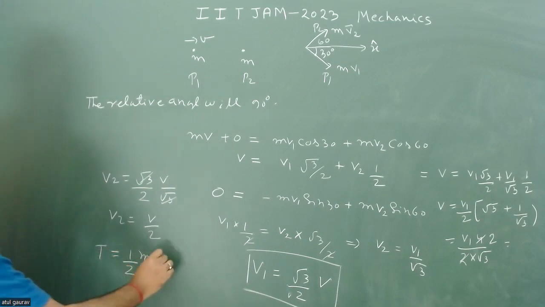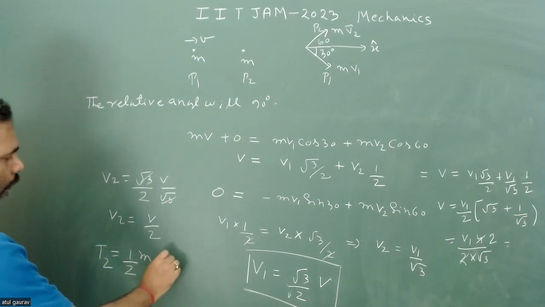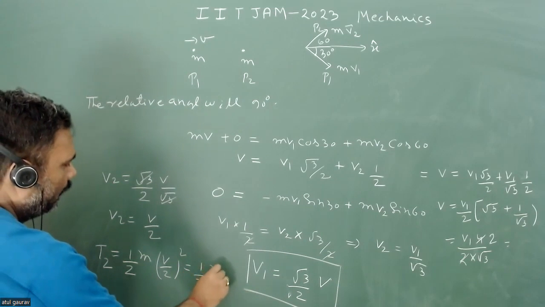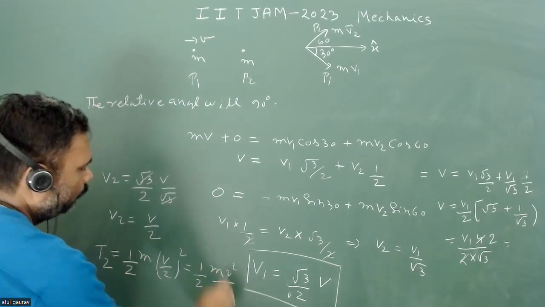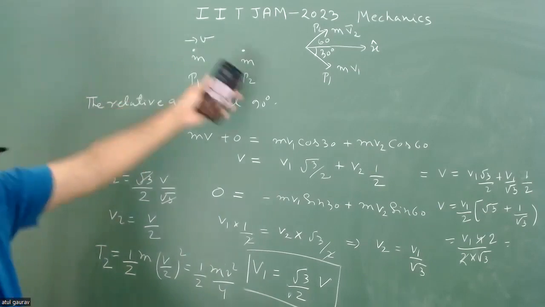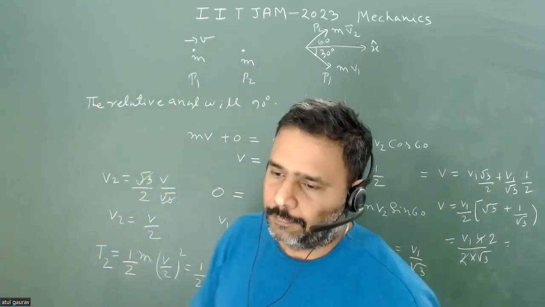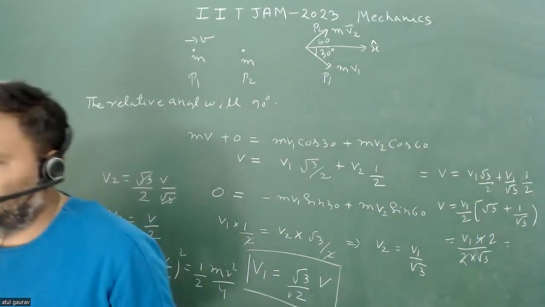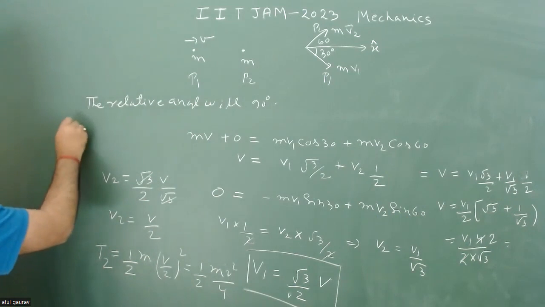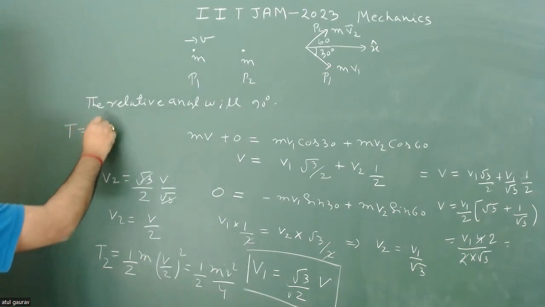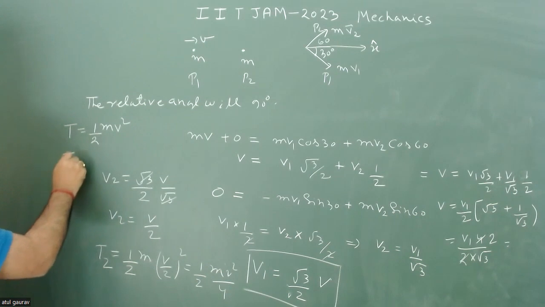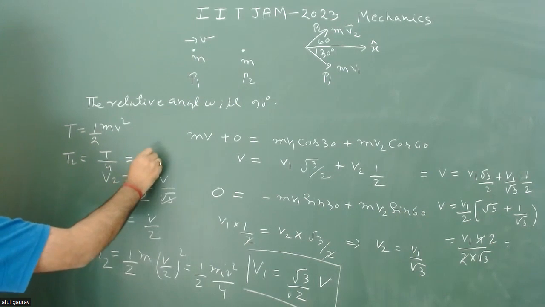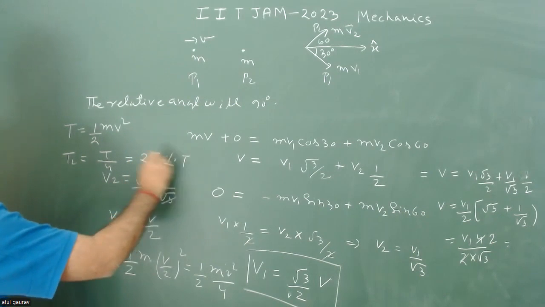It is half m times v upon 2 whole squared, so this is half mv squared by 4. And what is the total kinetic energy? Total kinetic energy is also conserved because the collision is elastic. So the initial total kinetic energy T equals half mv squared, and the kinetic energy of the second particle is T by 4, which is 25% of T.